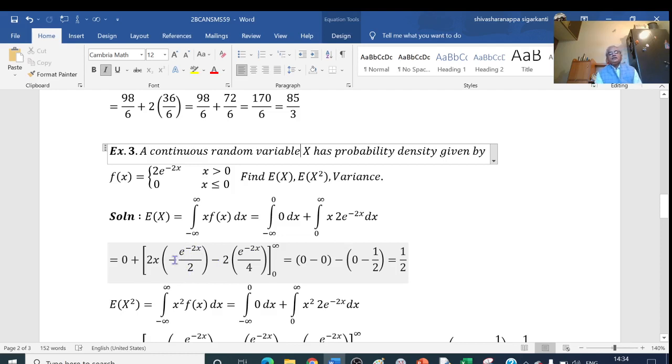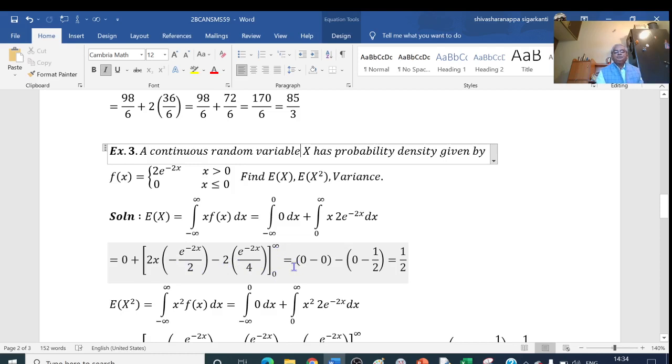Then I write a minus sign, then the derivative of 2x, which is 2, into the integration of this bracketed quantity, e^(-2x) divided by minus 2. Minus of minus becomes plus, 2 into one more 2, this becomes 4. This is between 0 and infinity.